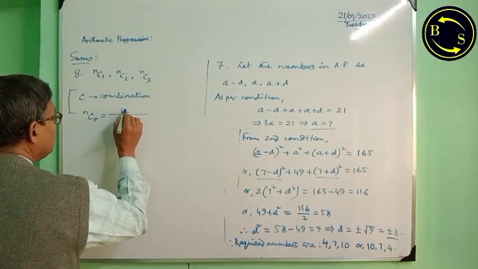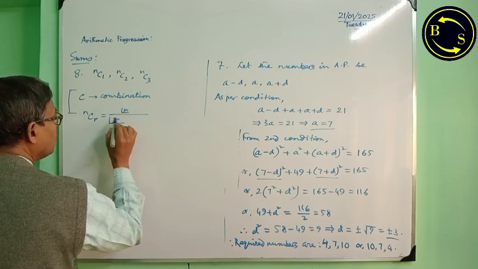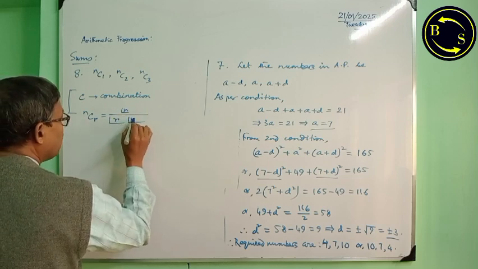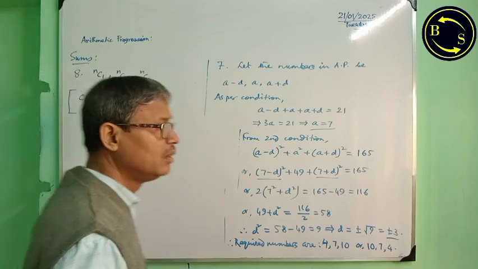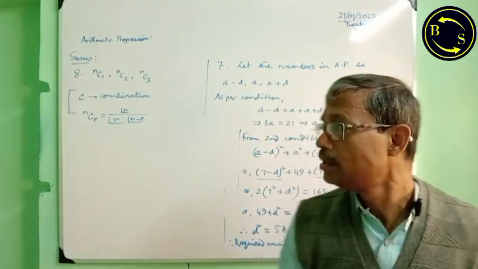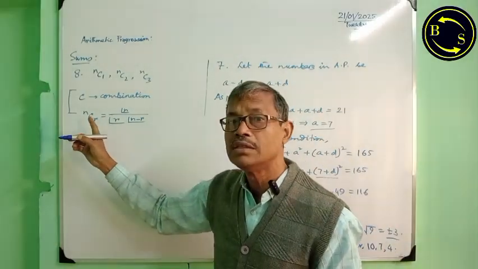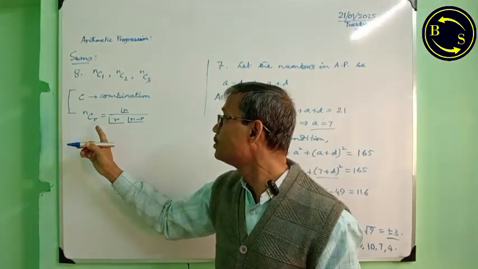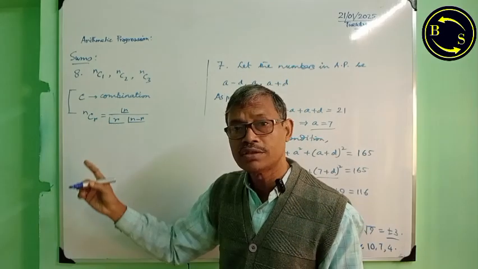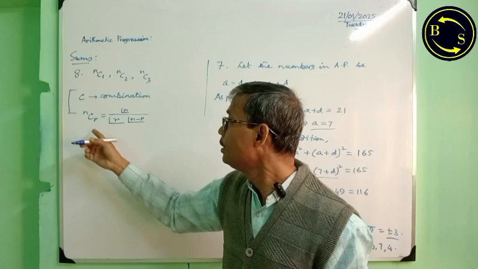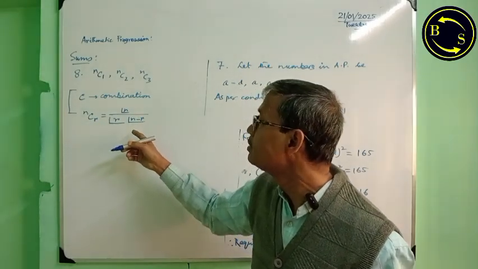factorial n divided by factorial r into factorial n minus r. nCr denotes out of n different things, the number of selections of r things at a time, and the value will be this.